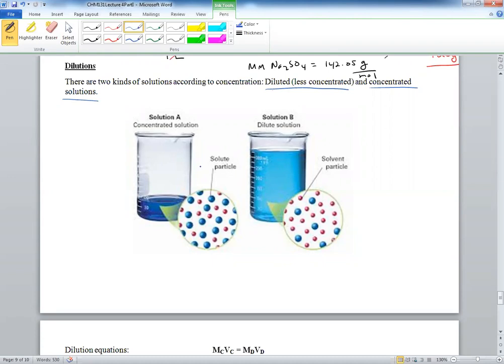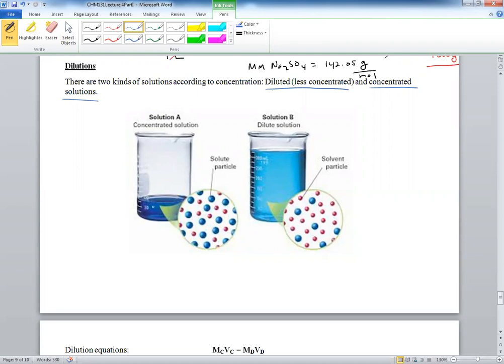But if you look here at the diluted versus the concentrated solution, you'll see that the difference is in how much solute they have. So in this one right here, this is a concentrated solution, solution A. You see that you have a lot of solute particles in relation to the solvent particles. That's why it's that darker color, right?